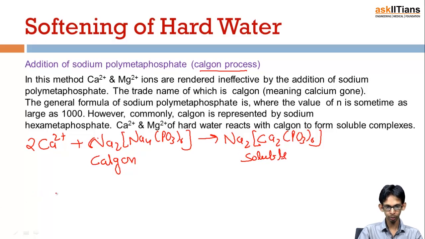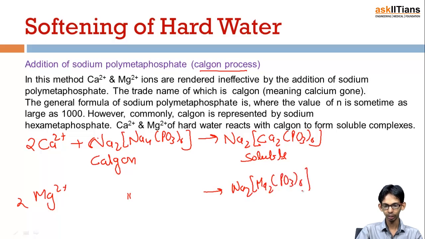Similarly it can be used for removal of magnesium salts also, same would be the reaction, and at the end we'll get Na2Mg2(PO3)6. This is also soluble. So in this method, calcium and magnesium ions are rendered ineffective by addition of sodium polymetaphosphate, the trade name of which is Calgon.